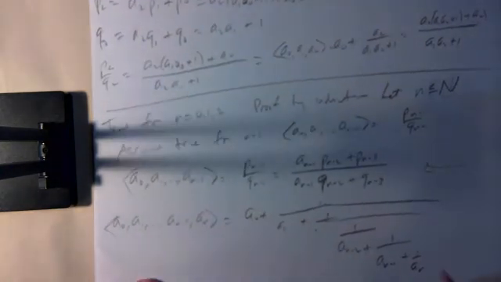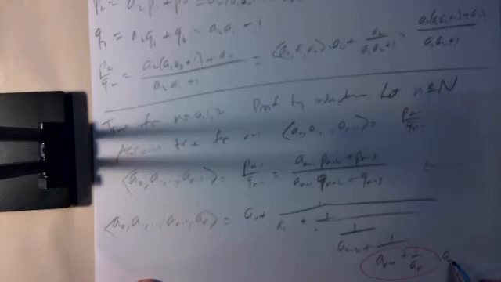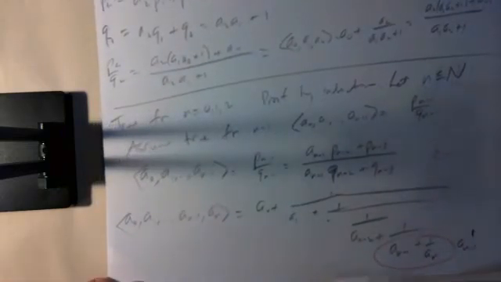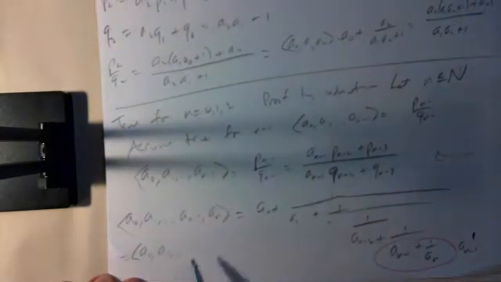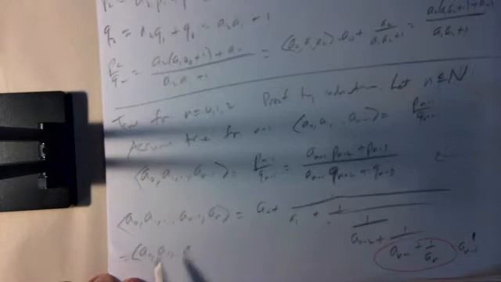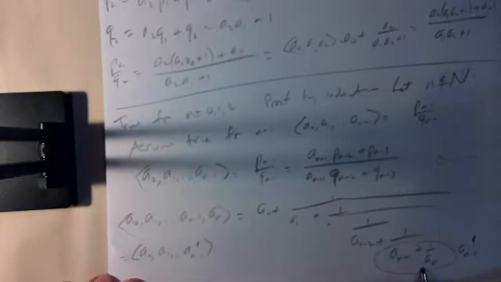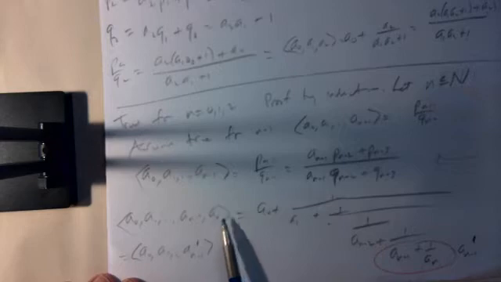Let me call that a sub n minus 1 prime. This is exactly what I would get if I took the continued fraction, but replaced a n minus 1 and a n with just a n minus 1 prime. So I can write this n term continued fraction as an n minus 1 term continued fraction.